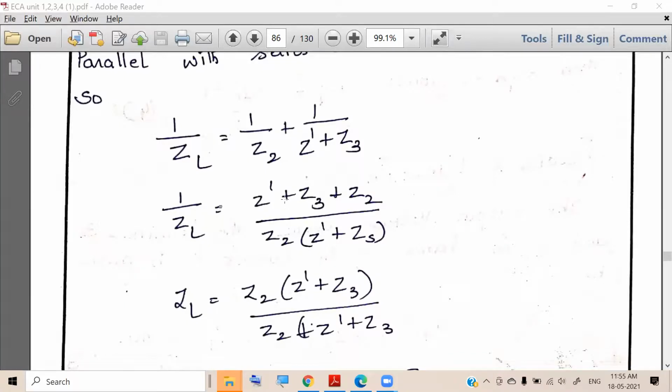Then the numerator becomes the denominator, so Z dash plus Z3 plus Z2. We have 1 by ZL, and we are taking the reciprocal to get ZL. Simple.